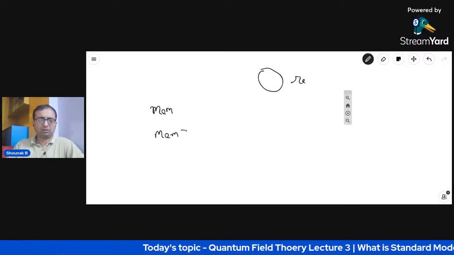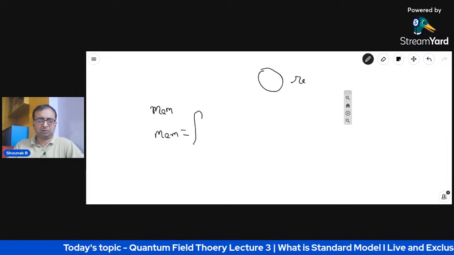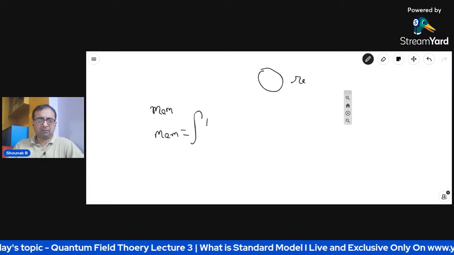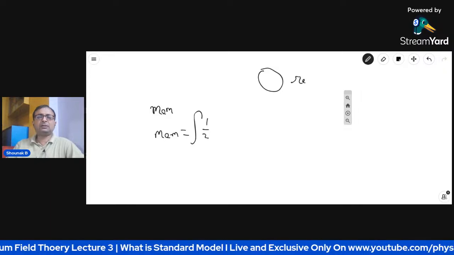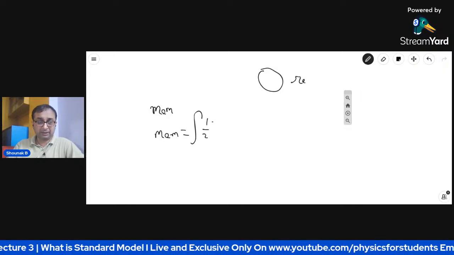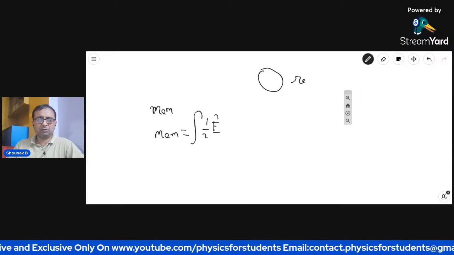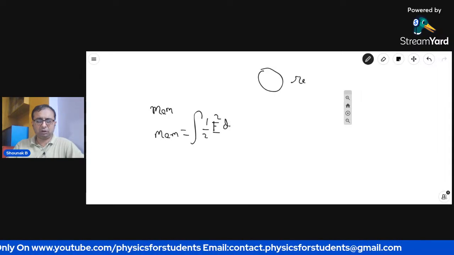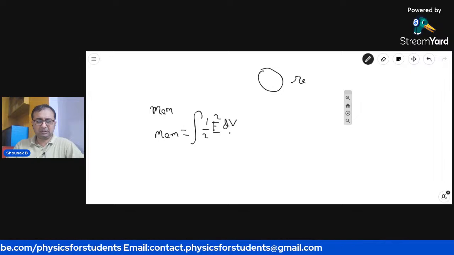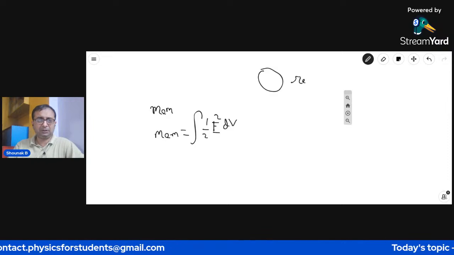This would be equal to the integral of 1/2 of the energy squared, and then I will take the differential volume, dv. This is a small v, the differential volume I am taking.